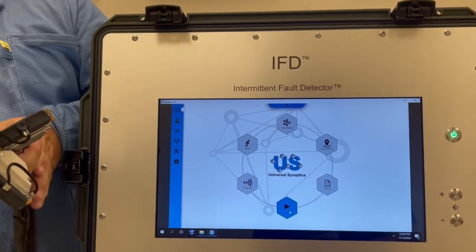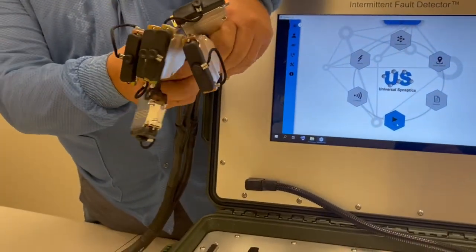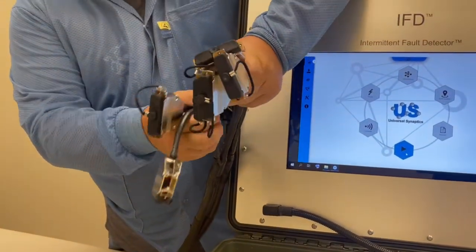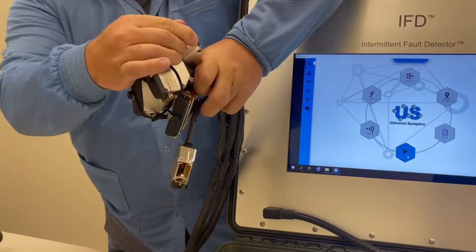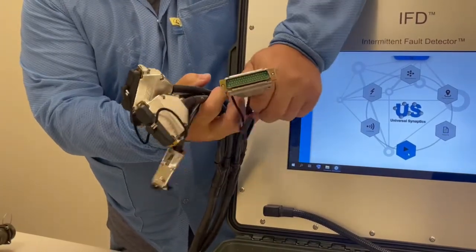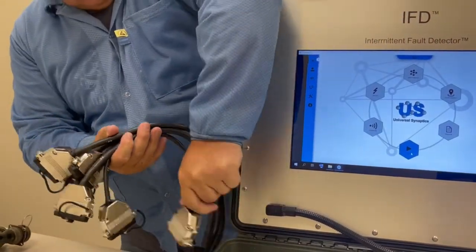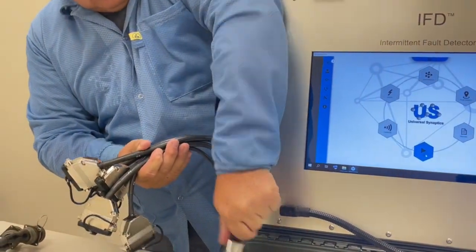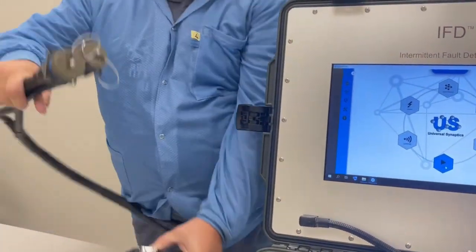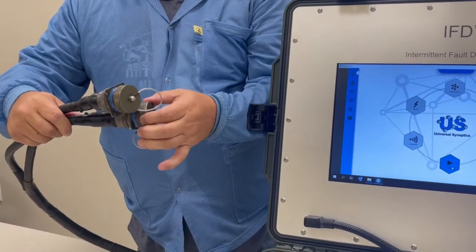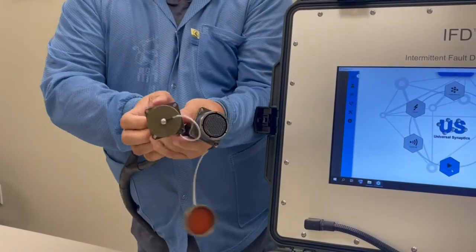This is a 256 test point patch cable, and we simply connect 6 of those 50-pin D subs to our tester, and then on the other end, these are the mating connectors for your automatic wire test set, your AWITS cable sets.